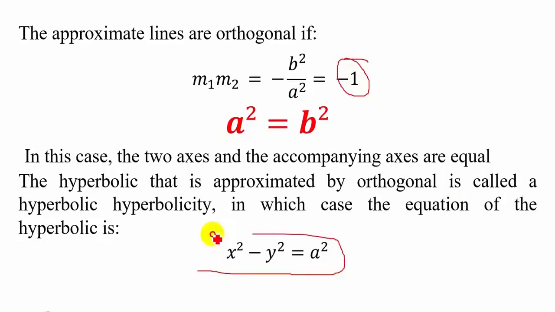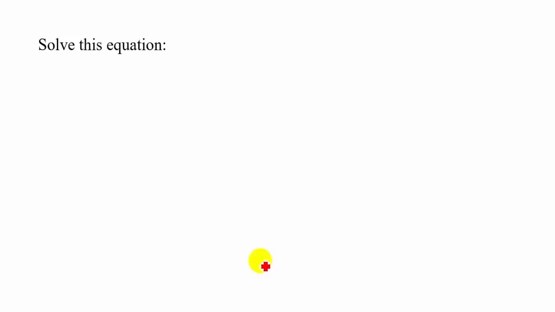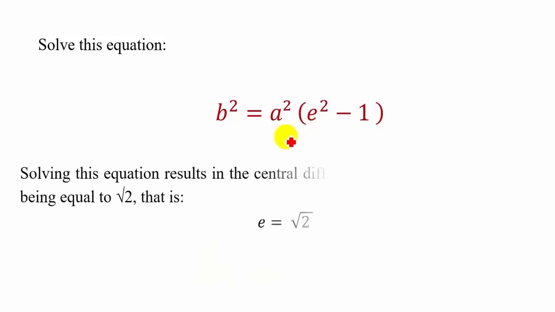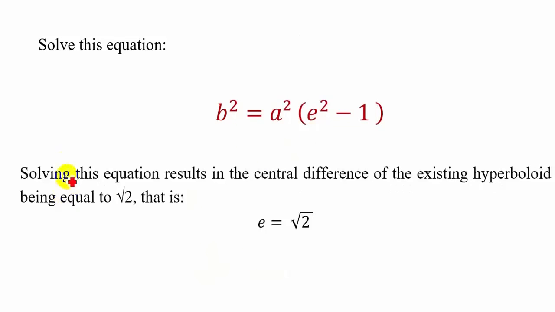It will be the new one for us. Solving this one right now, solving this equation resulting in the eccentricity of the existing hyperbola being, a2 equal square root of 2, that is e equal that.